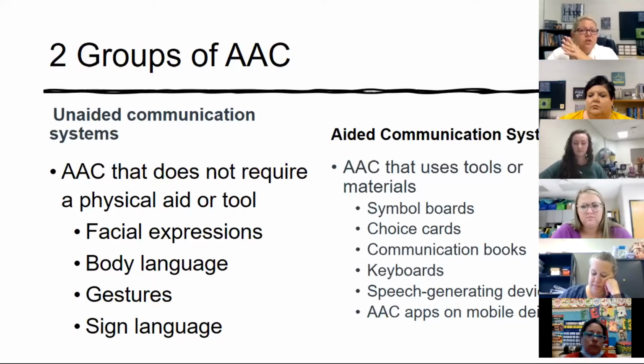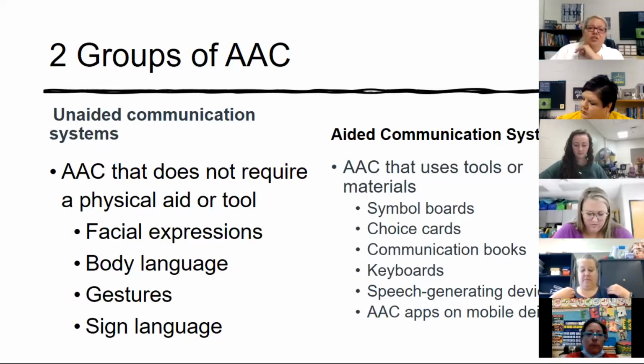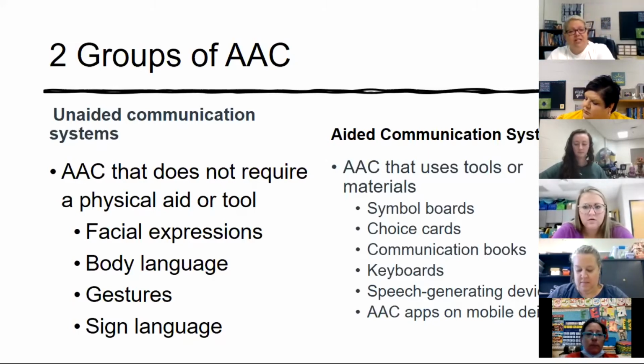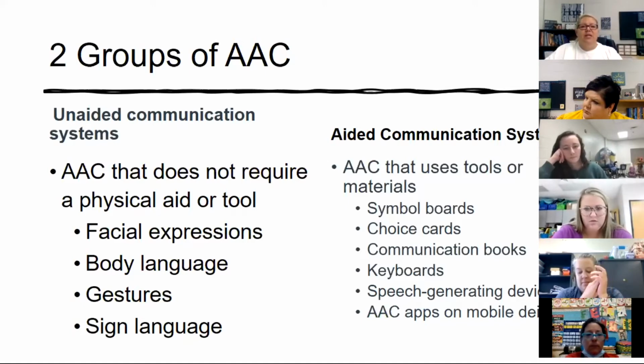These tools require pictures, physical tools, something like that. There are symbol boards, choice boards, communication books, keyboards, speech generating devices, AAC apps, mobile devices. So AAC is broken up like that: aided and unaided communication.